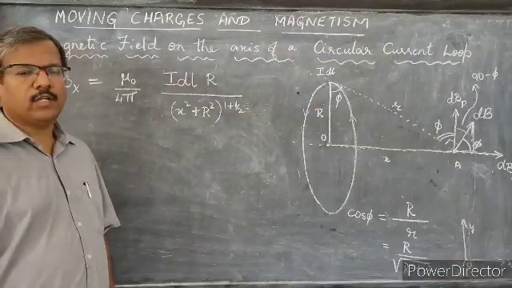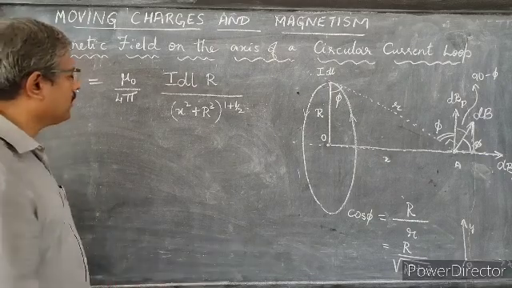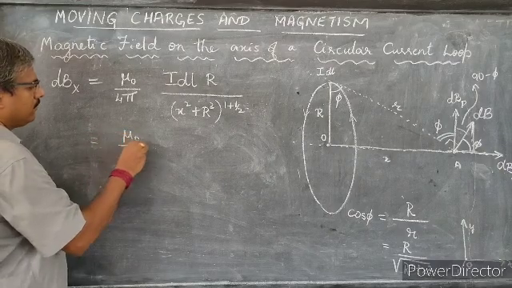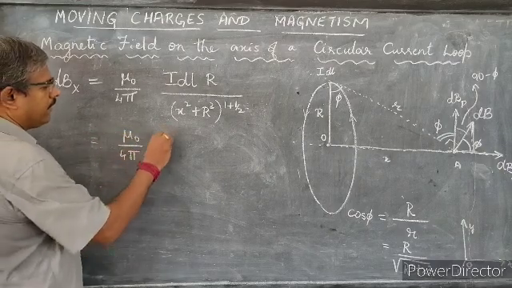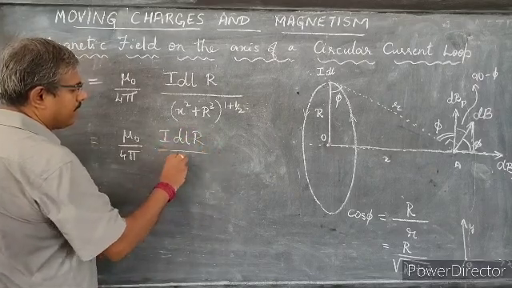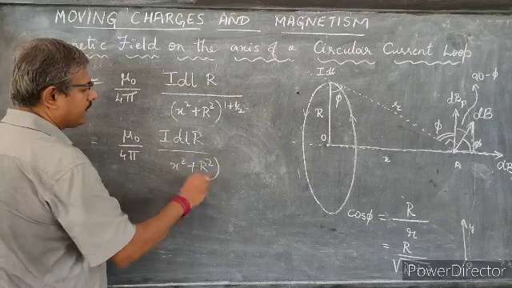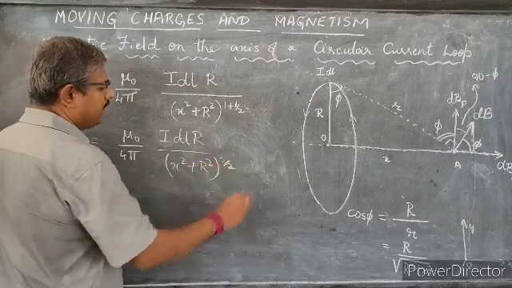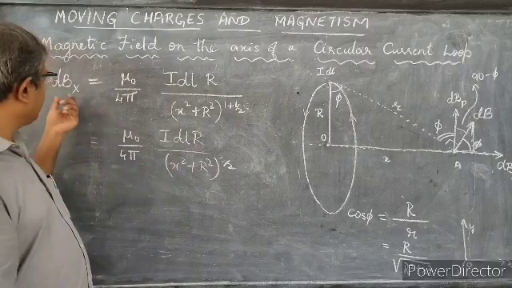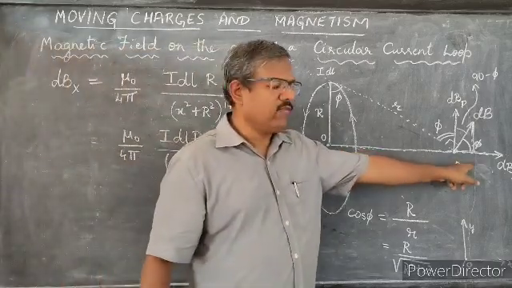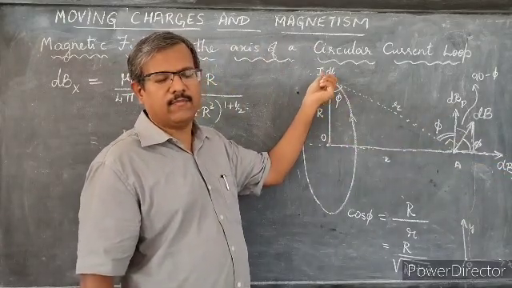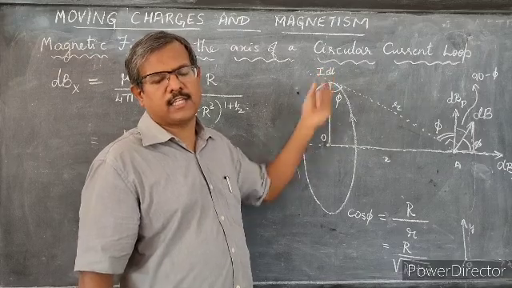So simplifying what we previously got, we arrive at mu naught by 4 pi I dl r by (x square plus r square) to the power 3 by 2. Now this gives me the magnetic field along the x-axis due to one current element I dl that I started my whole discussion with.